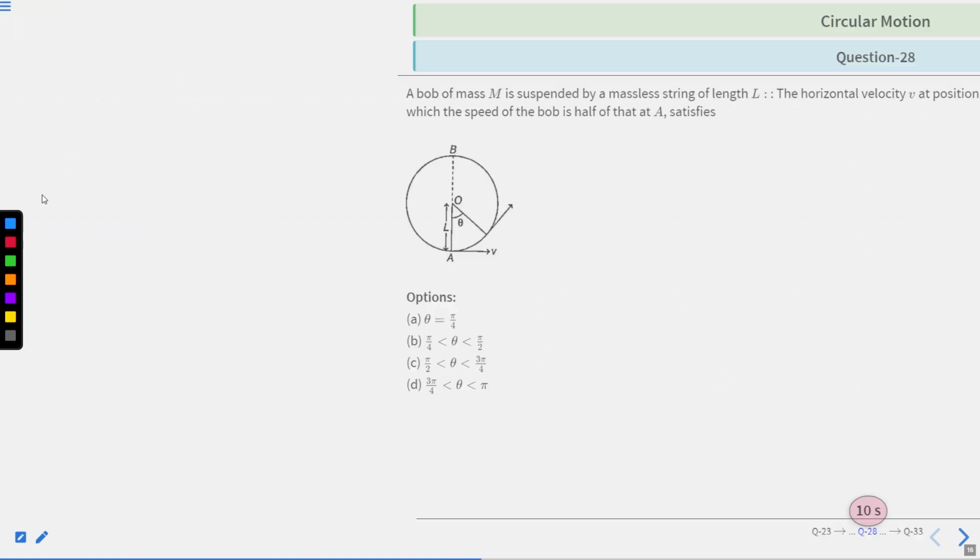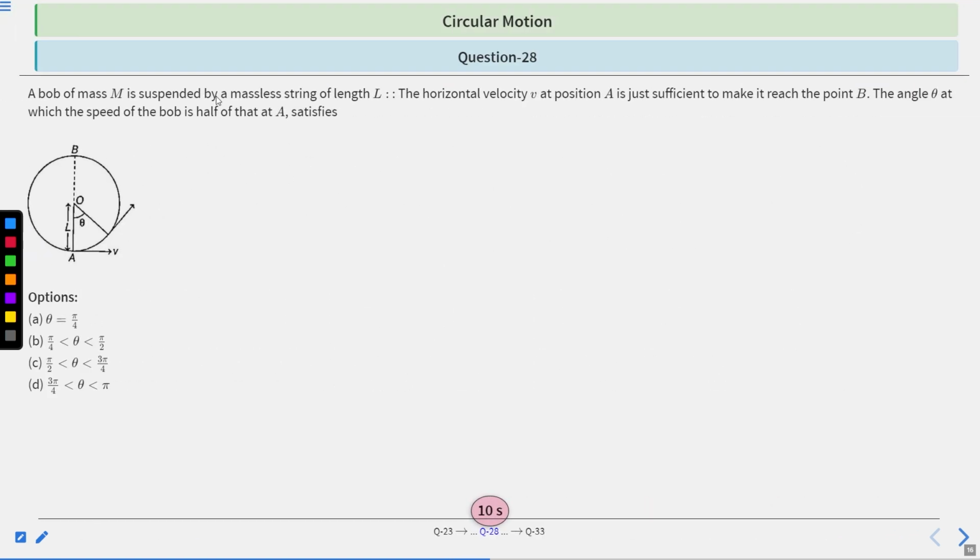Next question. A bob of mass m is suspended by a massless string of length L. The horizontal velocity v at position A is just sufficient to make it reach the point B. The angle theta at which the speed of the bob is half of that at A satisfies which option?